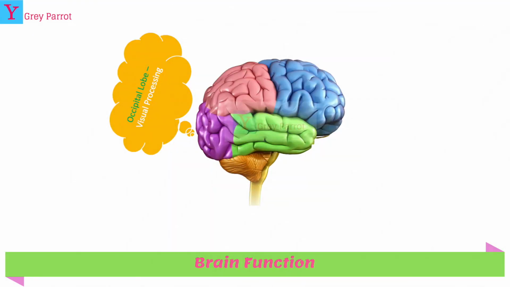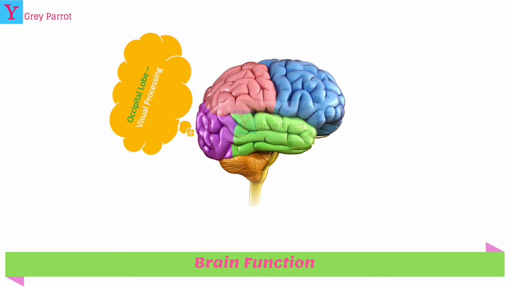Now, let's look at the occipital lobe, which is used for visual processing. What I mean by this is, if you don't have an occipital lobe, and you see a snake, you will stand still. Since you have an occipital lobe, you will scream.